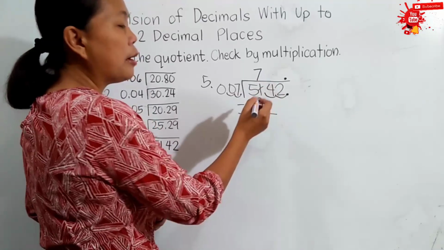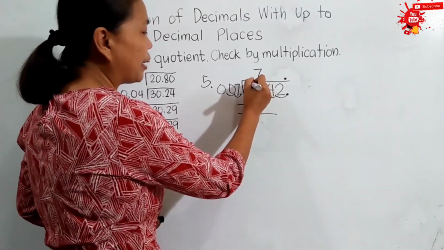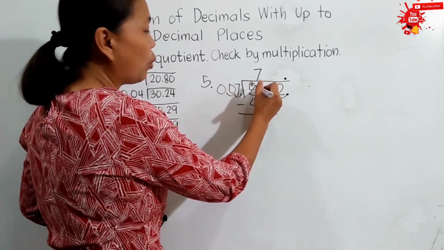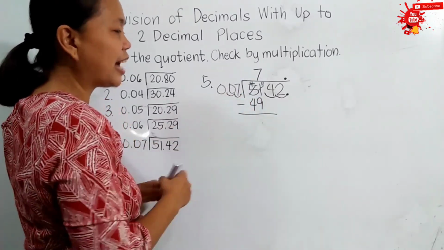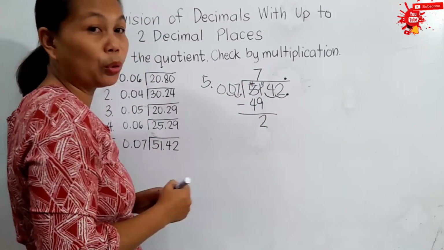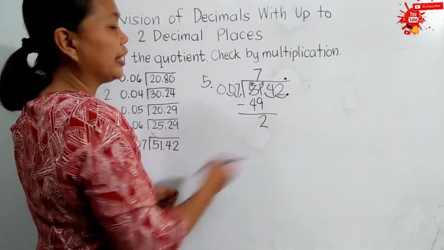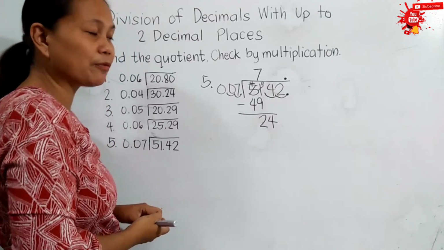So, si 11, magbaborrow ng isa o 110 kay 5. Kaya si 5 magiging 4 at si 1 ay magiging 11. So, 11 minus 9 is 2. And 4 minus 4 is 0. So, no need to write 0. And then, we just bring down the next digit or the next number, which is 4.